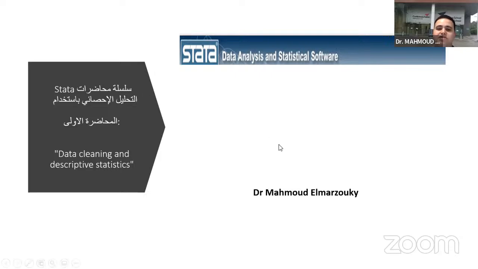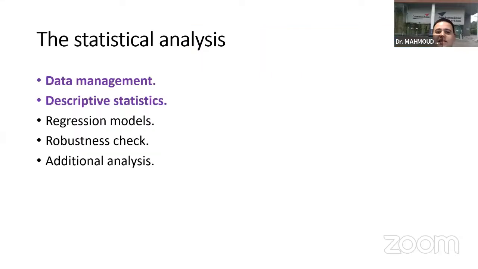So this session will be important for people that work in quantitative analysis, whether you want to publish a paper in accounting and finance or any other domain in business, or you're doing a PhD or a master degree level and using quantitative data. Basically, the statistical analysis part in the PhD or master dissertation or research paper will contain at least 5 main components.